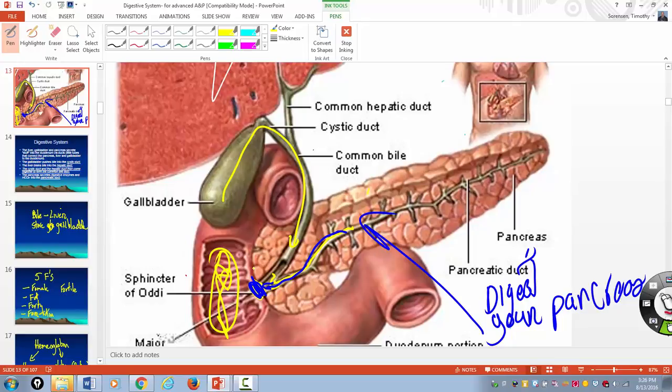So the signs and symptoms associated with acute pancreatitis are sudden onset of severe epigastric or abdominal pain, and bloating as you get inflammation from the destruction of the pancreas. In some cases, you will get what's called a Cullen sign, or a hemorrhagic circle around their belly button.